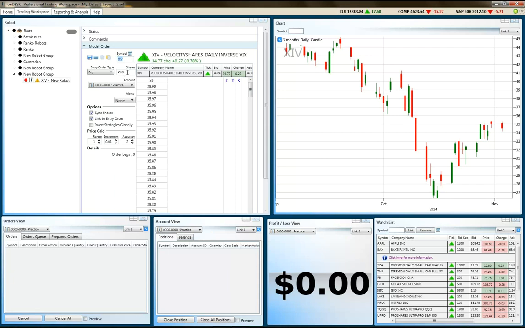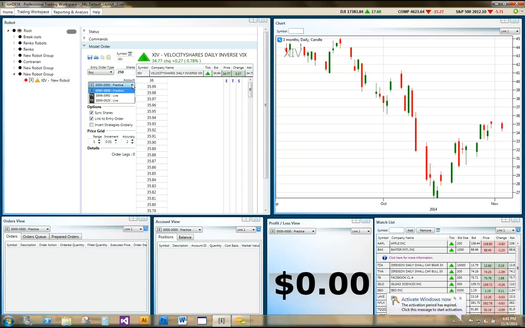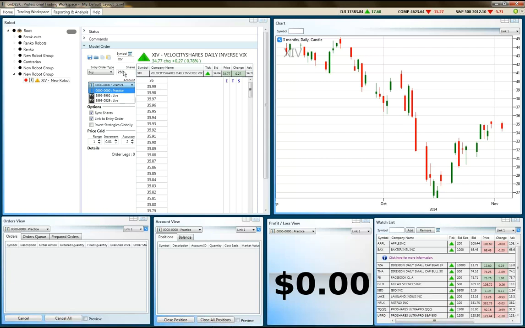We've put in the symbol, the shares, and selected our entry type, and then we want to begin to set up our legs. We have our practice account selected. I'm currently logged into Trade King, and as you can see, my other two Trade King accounts are there. When I want to go live, I just select that. So we're going to place an entry order.